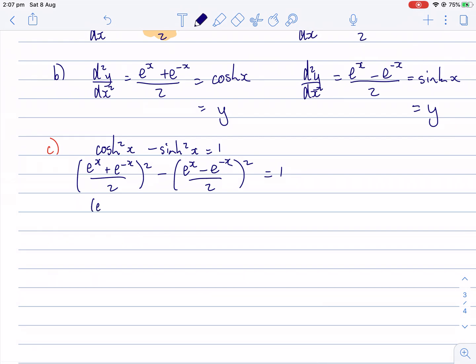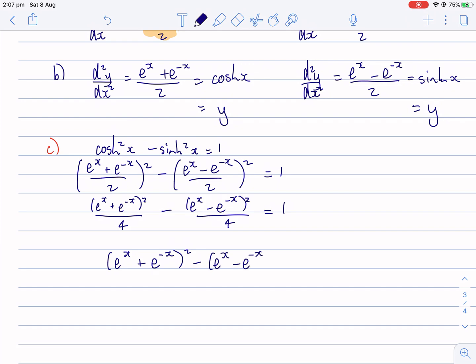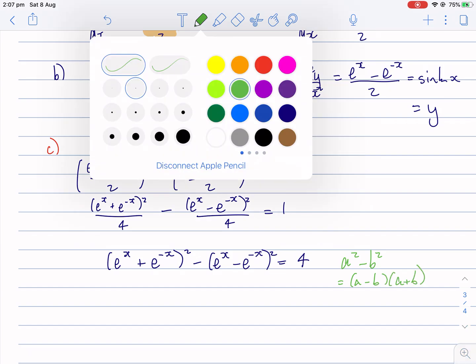We've got e to the x plus e to the minus x squared on 2 squared is 4. I'm going to multiply through by those 4s. So I've got e to the x plus e to the minus x squared take e to the x take e to the minus x squared equals 4. I'd like to remind you that if you ever have a squared take b squared, then that's a take b, a plus b. And I think that's going to be easier.